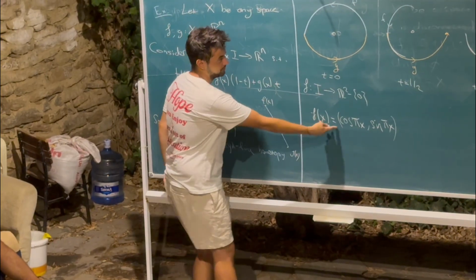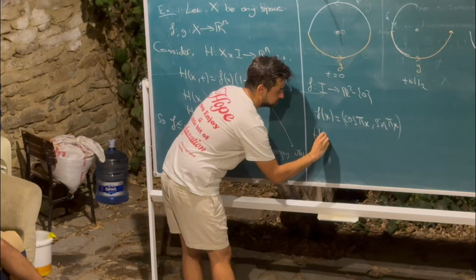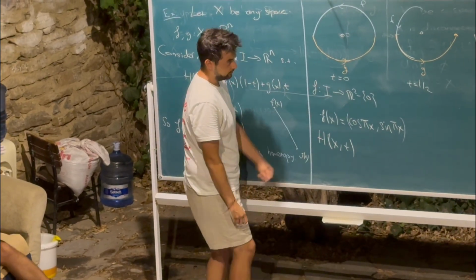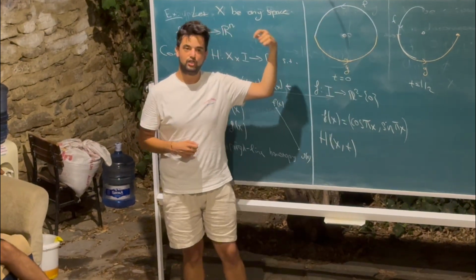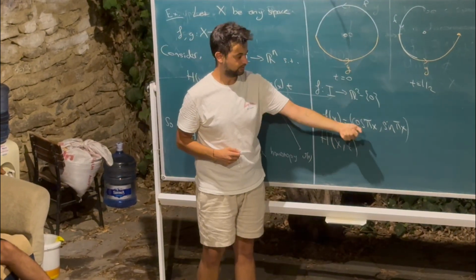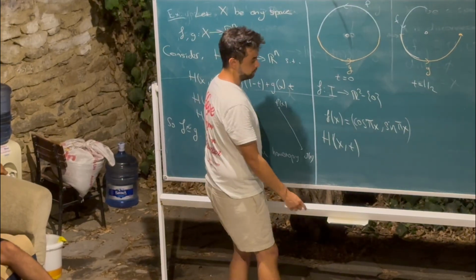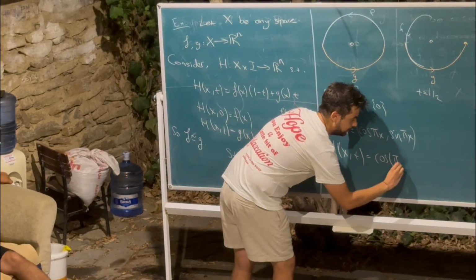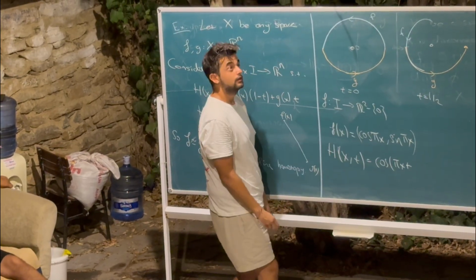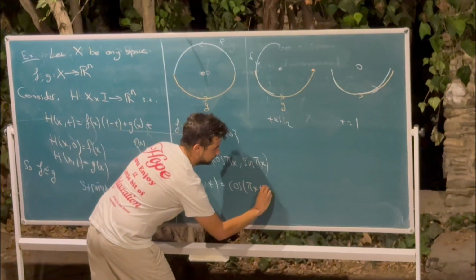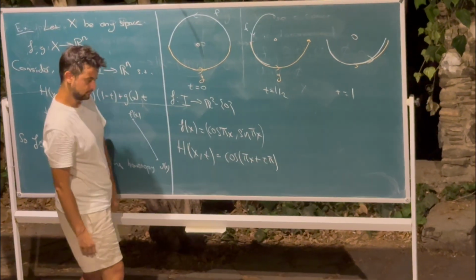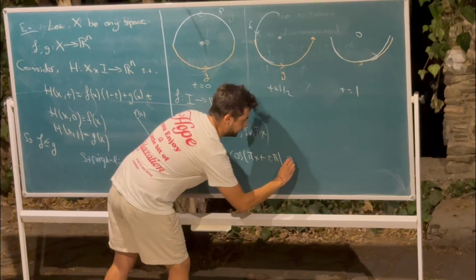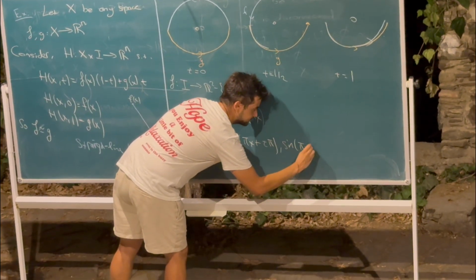Let's write the homotopy, since we have this. I believe what we are doing is changing the starting point of this function. Let's see: cosine of pi x plus t times pi, and sine of pi x plus t times pi.